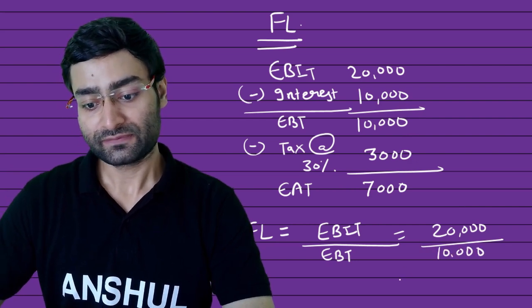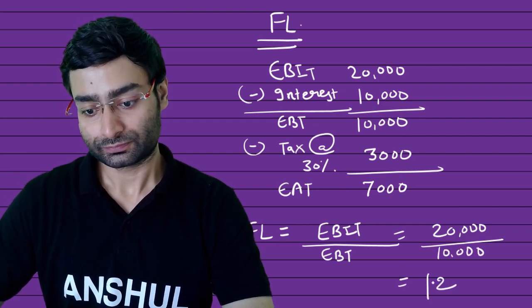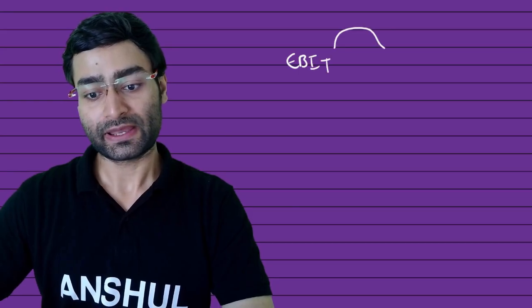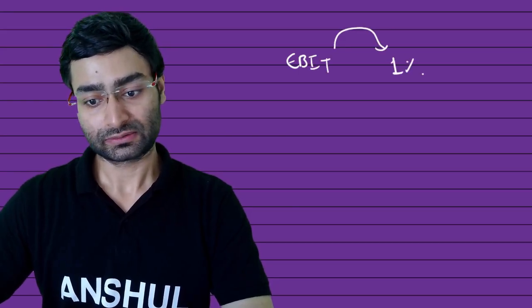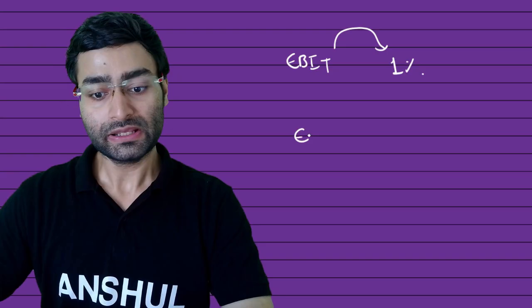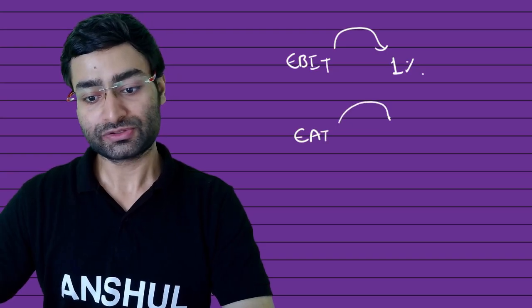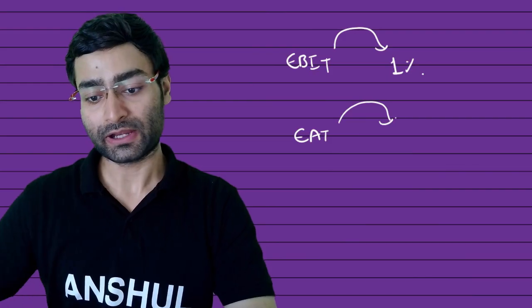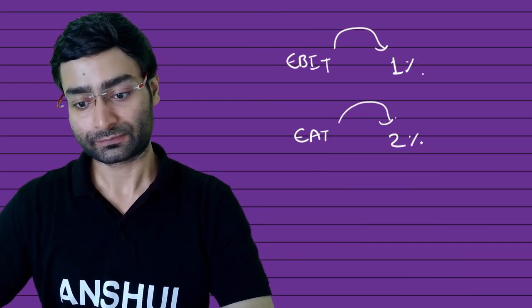Here the financial leverage comes to 2. Now what is the interpretation of this 2? If the EBIT changes by 1%, my EAT will change by 1% multiplied by 2, that is 2%.